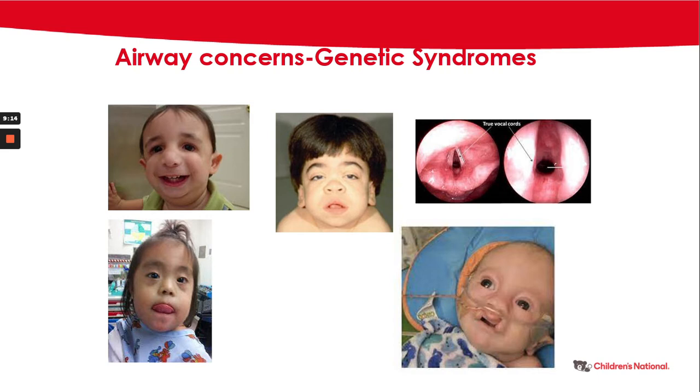And then many of our medically complex children end up developing subglottic stenosis because they've had long stays in the neonatal intensive care unit, or they've had long intubation times after abdominal or cardiac surgery as a baby, and they can develop scar tissue, which can then lead to subglottic stenosis. So even if these children have normal anatomy on the outside, once you are able to visualize the larynx, you may not be able to pass the breathing tube in such patients.